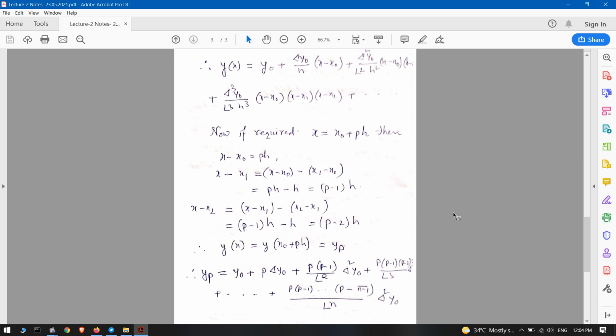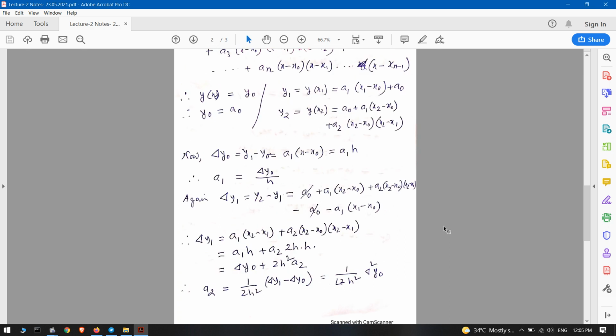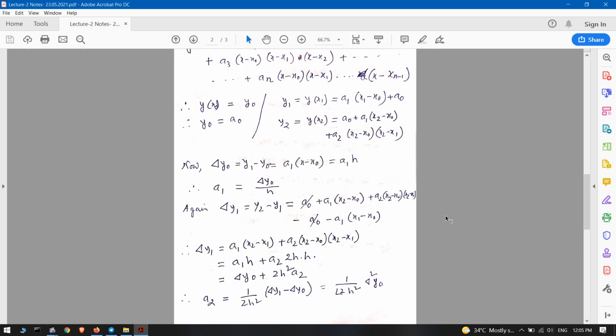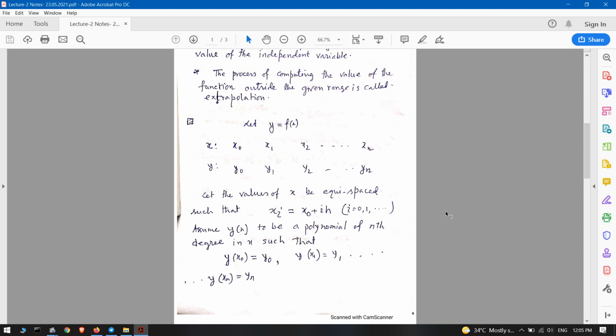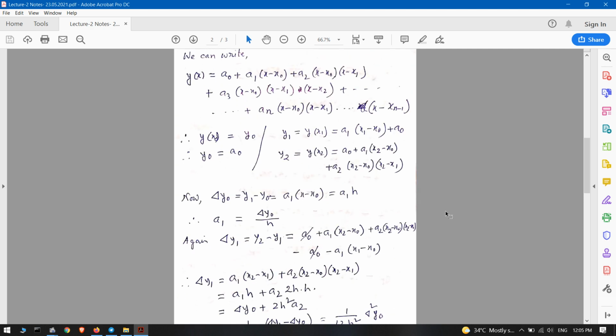Similarly, here also we have calculated the value of a1. If that expression is correct, then the value of a1 must be del y0 by h. H we know, and del y0 we can calculate, that is the first difference, del y0 equal to y1 minus y0. From the table we can easily calculate.